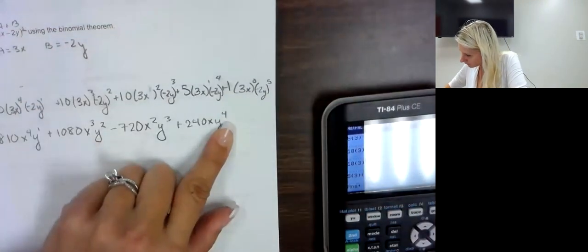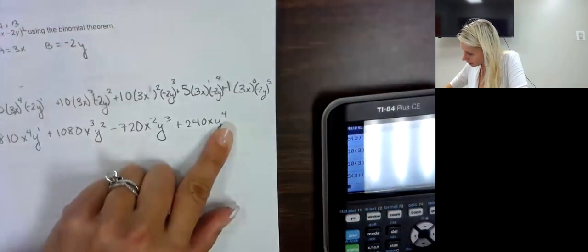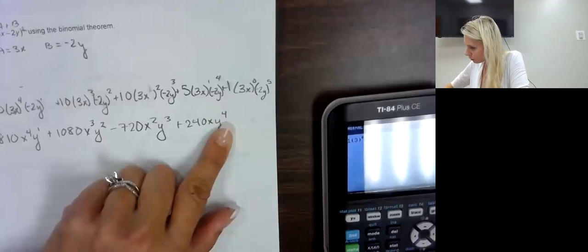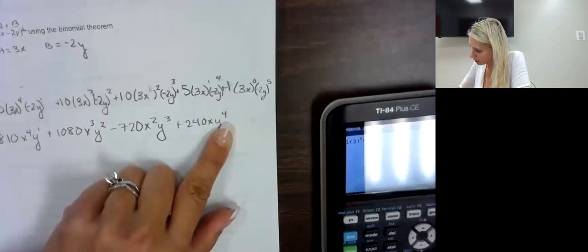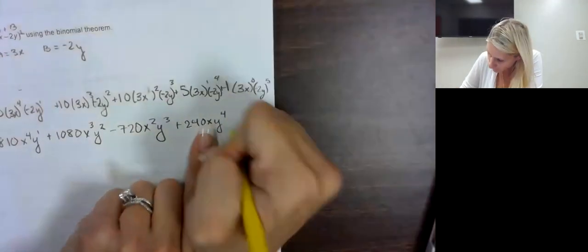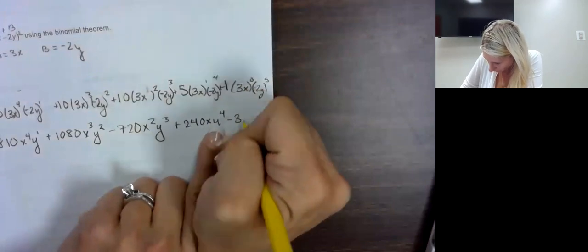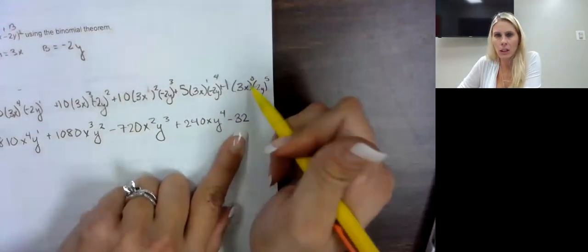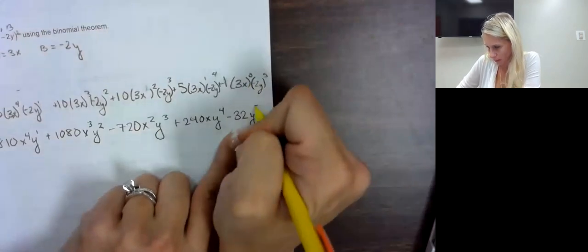So here I get 1 times 3 to the 0, which I know is 1, so really I didn't have to put that in there. Negative 2 to the 5th equals negative 32. Now be careful, because this is x to the 0, so there's no x, but y is to the 5th.